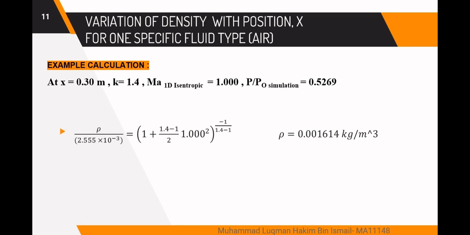We substitute all the values and then we get the answer. The density at point X equal to 0.3 meter is 0.001614 kilogram per meter cube.